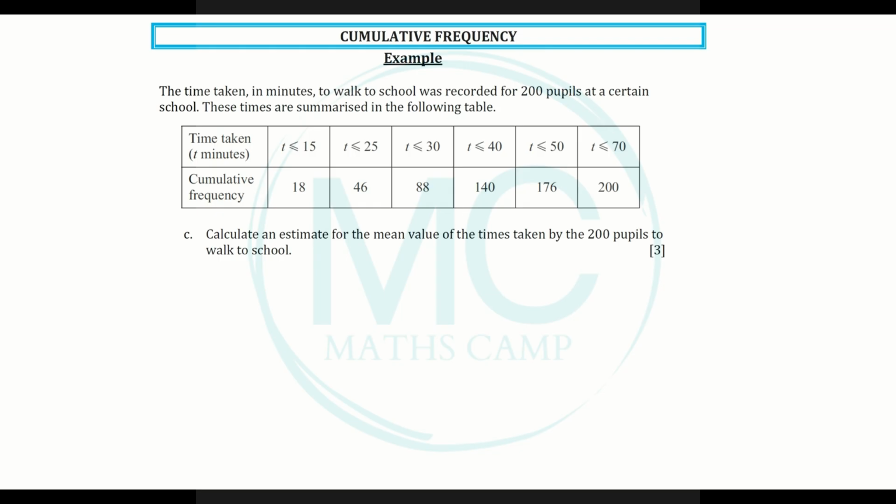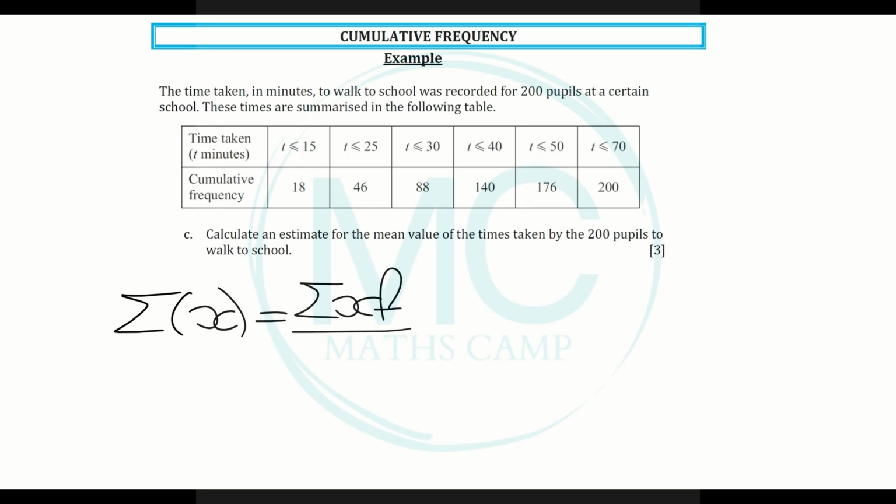Calculate an estimate for the mean value of the times taken by the 200 pupils to walk to school. To find the estimated mean, I'm going to write this over here. The estimated mean, we say, is equal to sigma xf over sigma f.